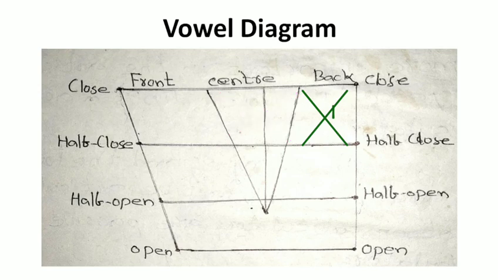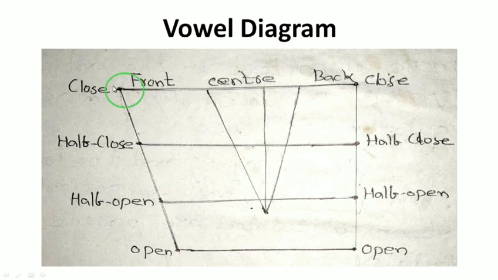Considering the height of the tongue, this vertical part is considered as the height of the tongue. And this is the extreme point, close position.